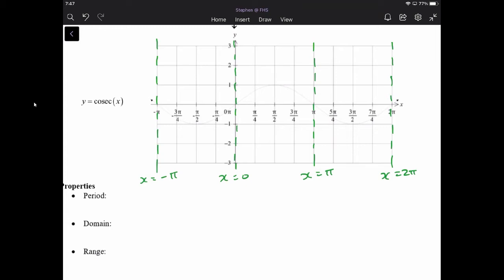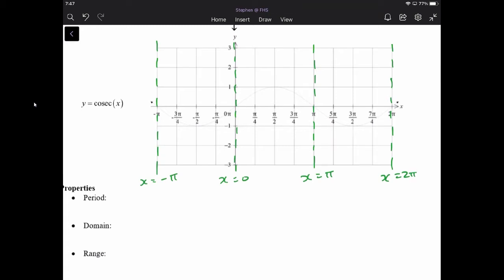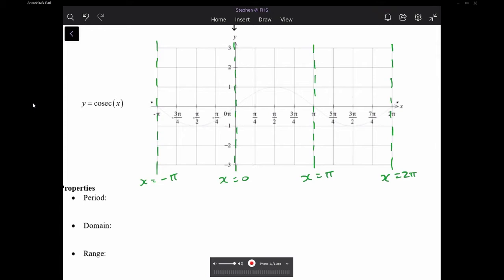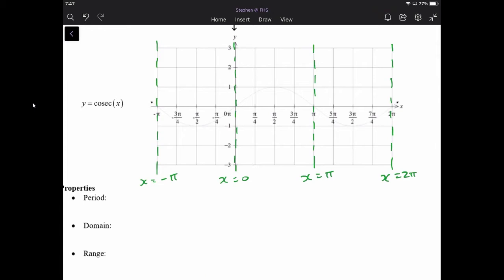All right, so now let's look at what else we know. Let's look at the region between 0 and pi. Between 0 and pi, we've basically got this positive part over here.